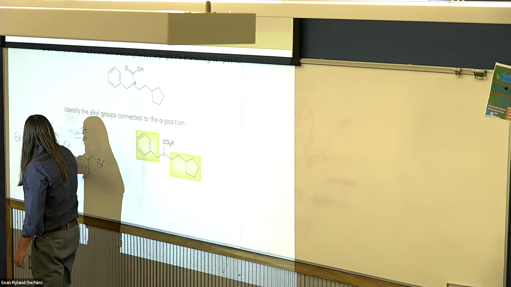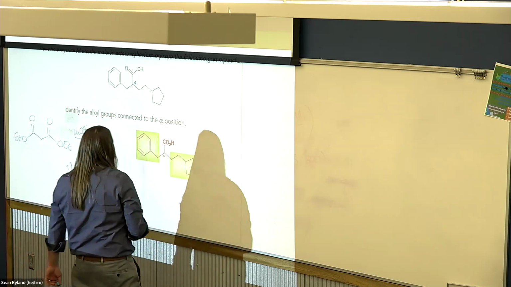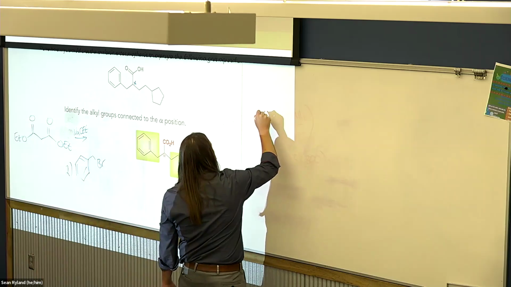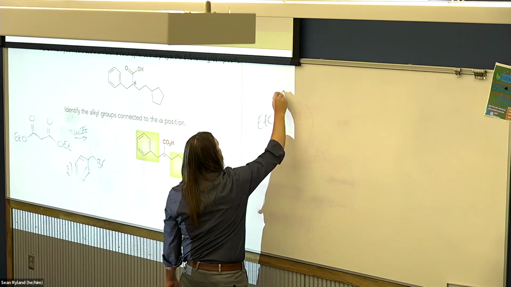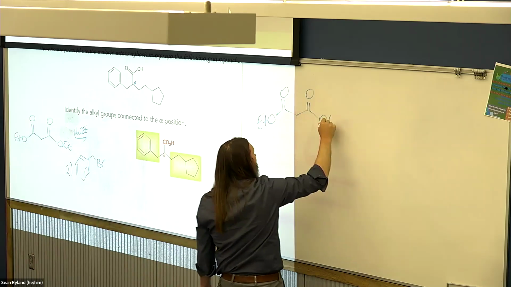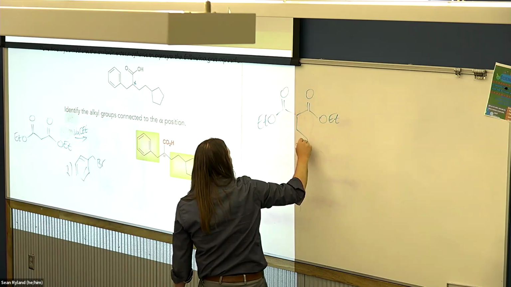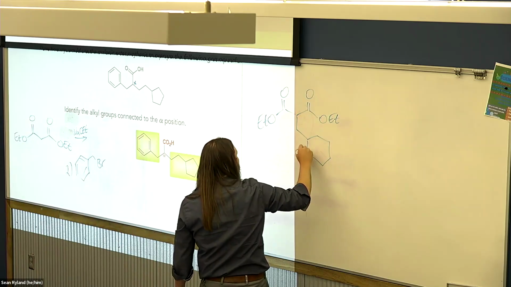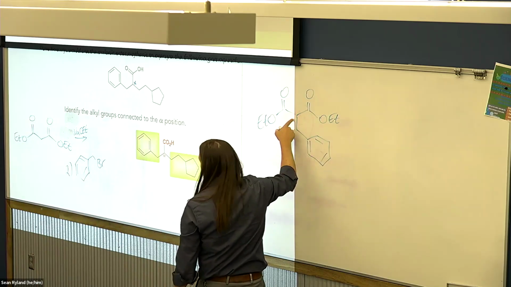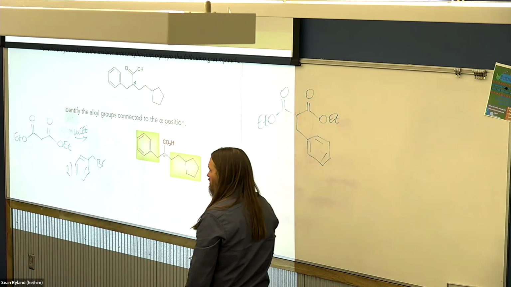That's going to allow us to attach that carbon right here. So after we do it once, we'll get our same malonic ester, except now we also have this attached to the alpha carbon. There's still another hydrogen on that alpha carbon though, which means we can do it again.